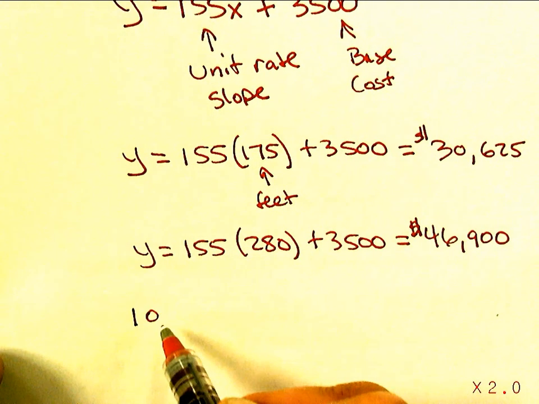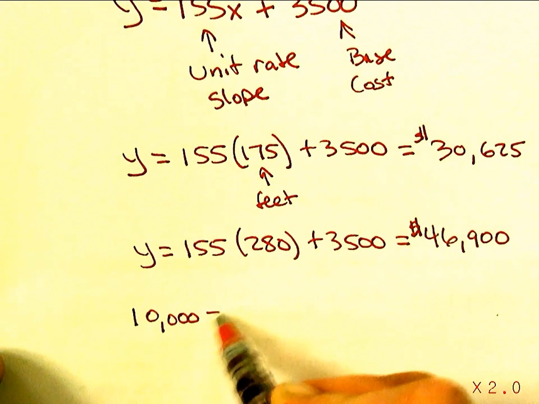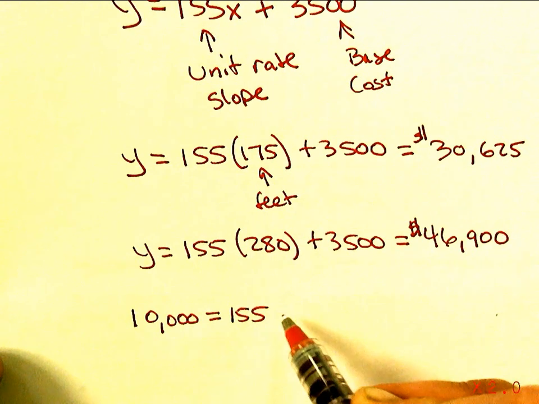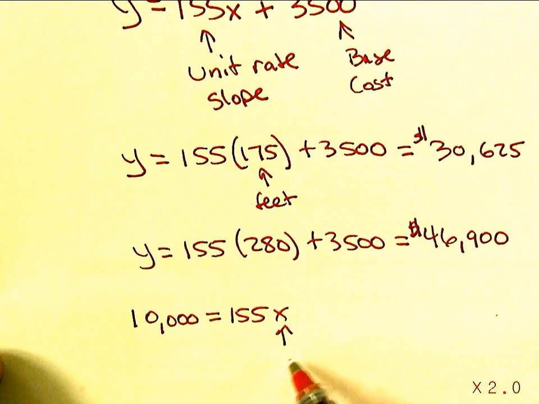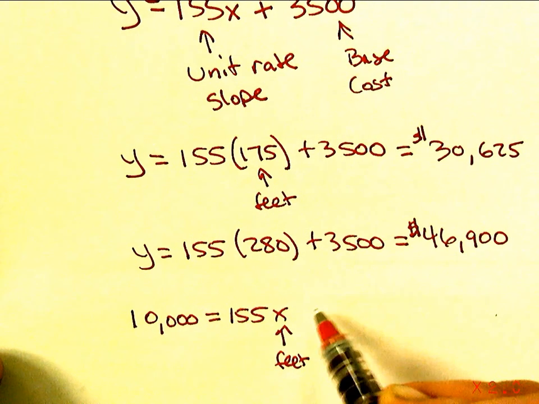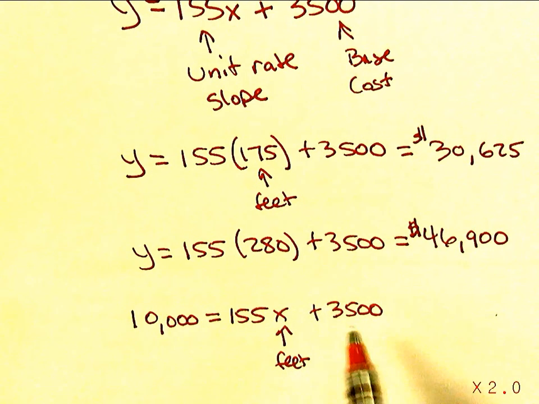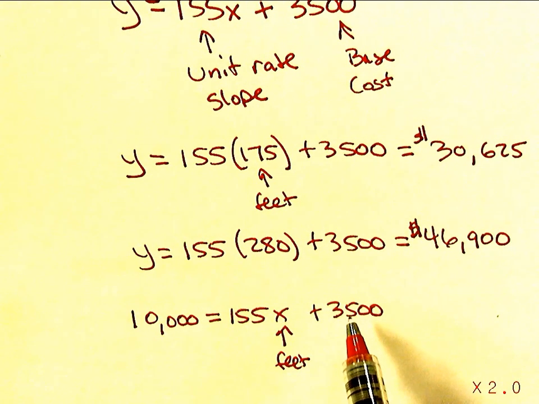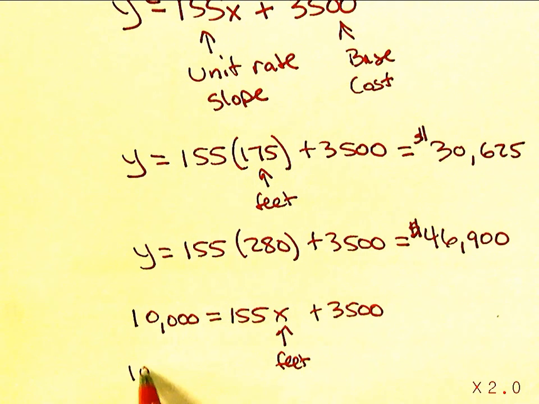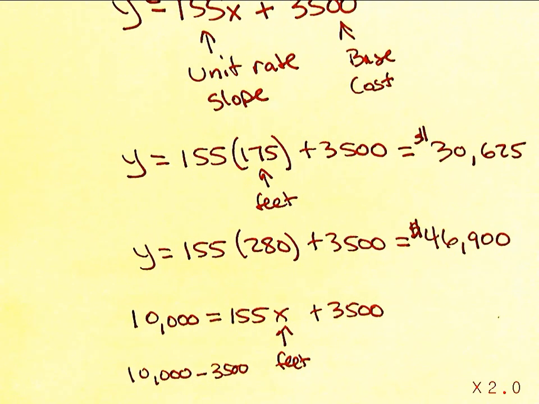If I've got $10,000 and I want to know how much bridge, that's the feet I'm looking for, I work backwards. Remember there's that $3,500, the upfront cost. If I take that away from the 10,000, then I'm left with $6,500 in painting costs, and it's $155 a foot.